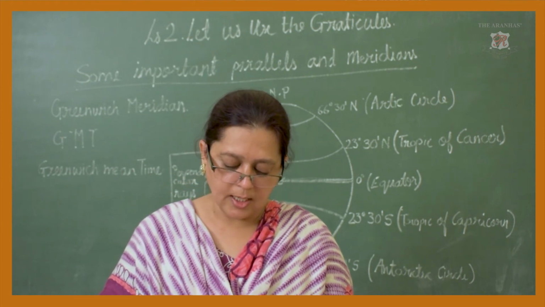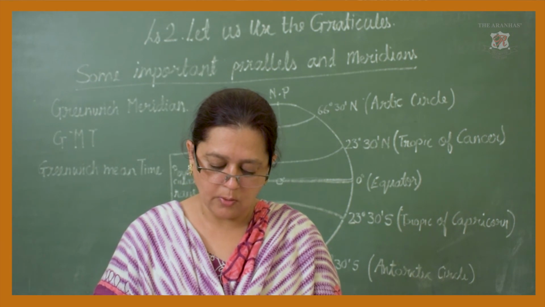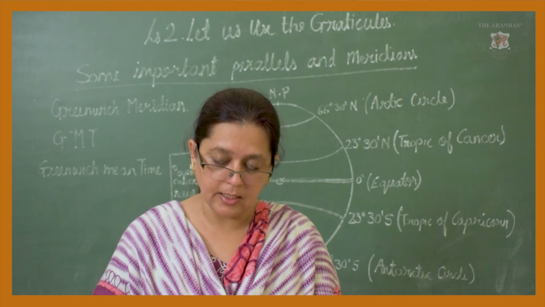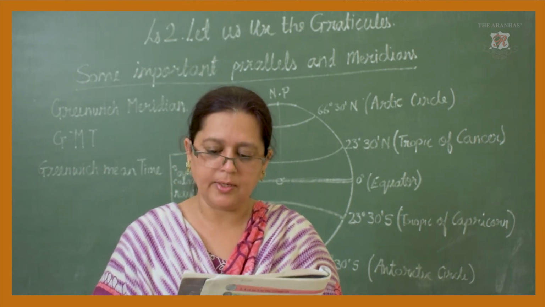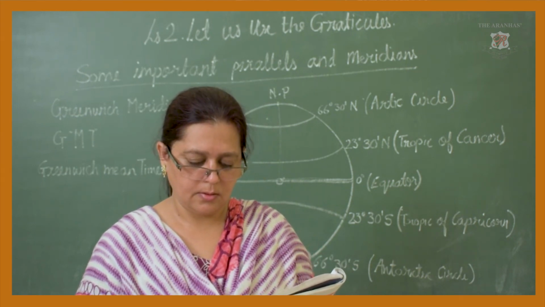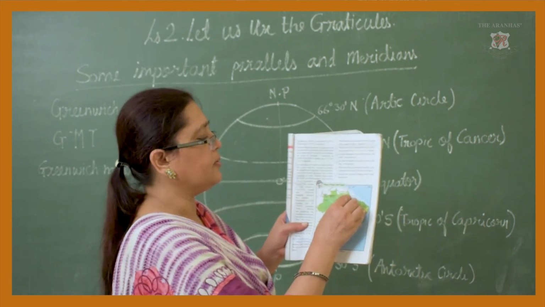Now we go to the last question. Describe the location of Marajo Island using the graticules. Now you can see Marajo Island where it is. Yes, it is over here.